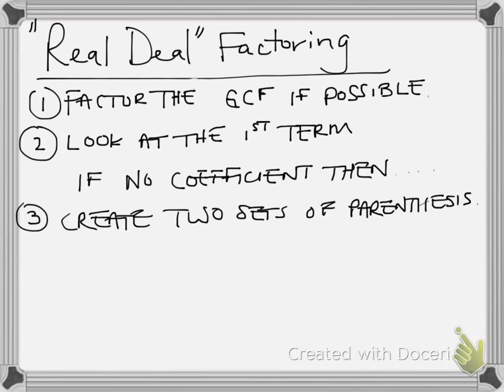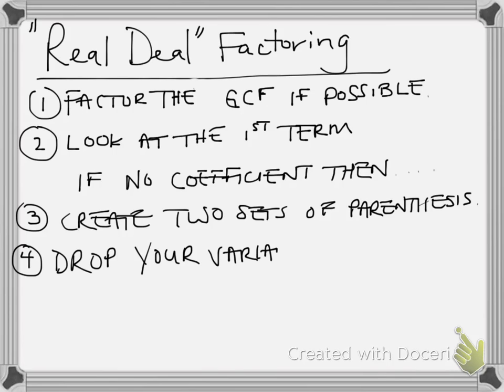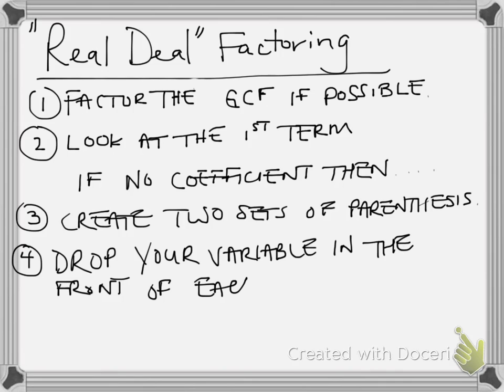Okay, once you've created your two sets of parentheses, you're going to drop an X in the front of both sets of parentheses, or drop your variable, whichever variable you're using, in the front of each set of parentheses.